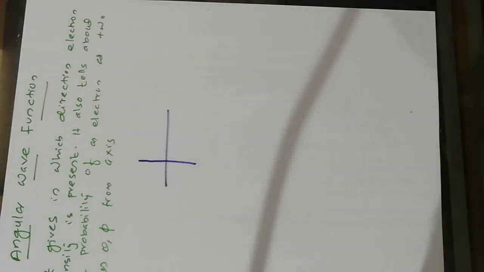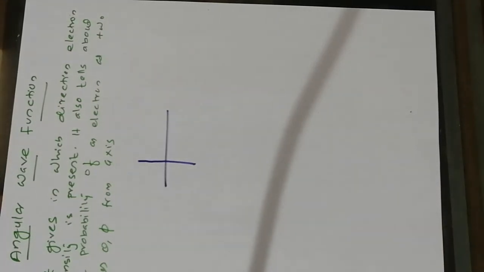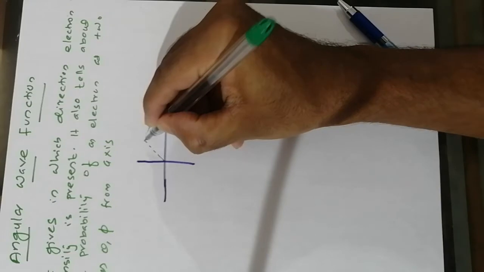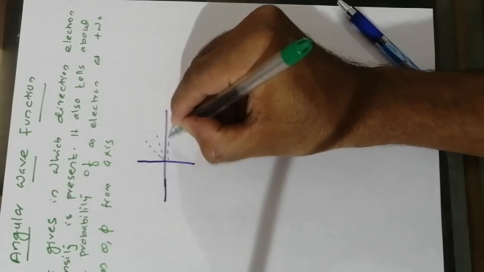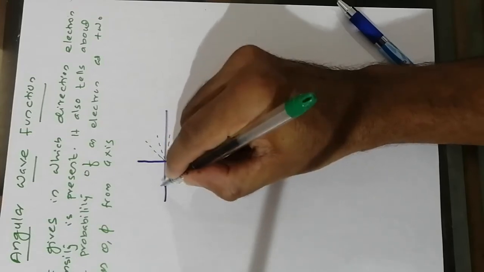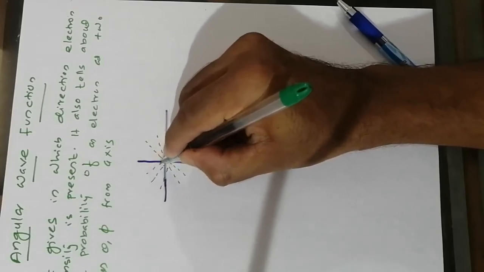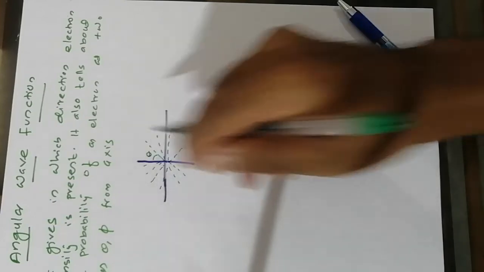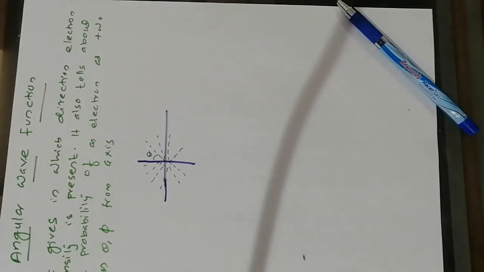Imagine you have a situation of the probability of electron density at an angle, suppose this is our theta. It is two-dimensional. When you go to three dimensions, you will have one more angle.